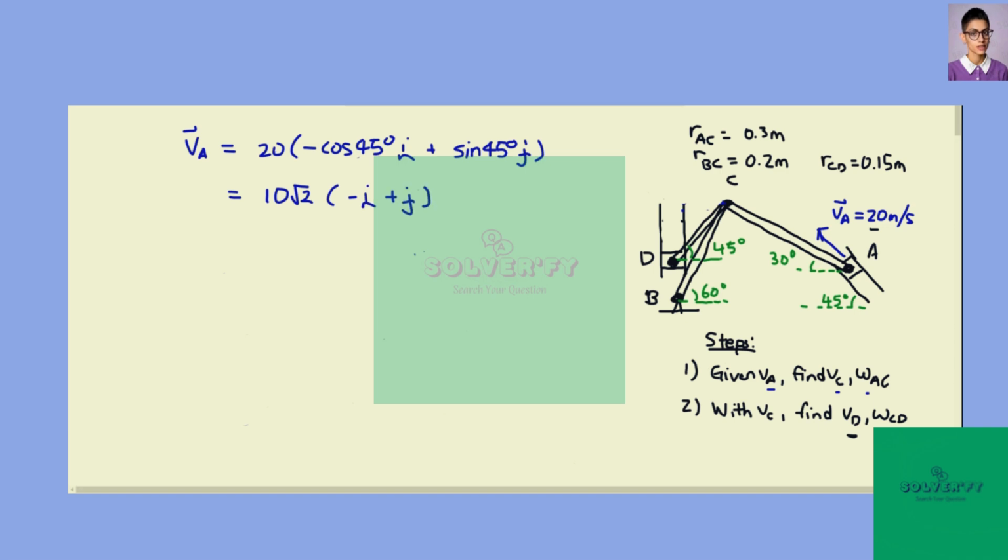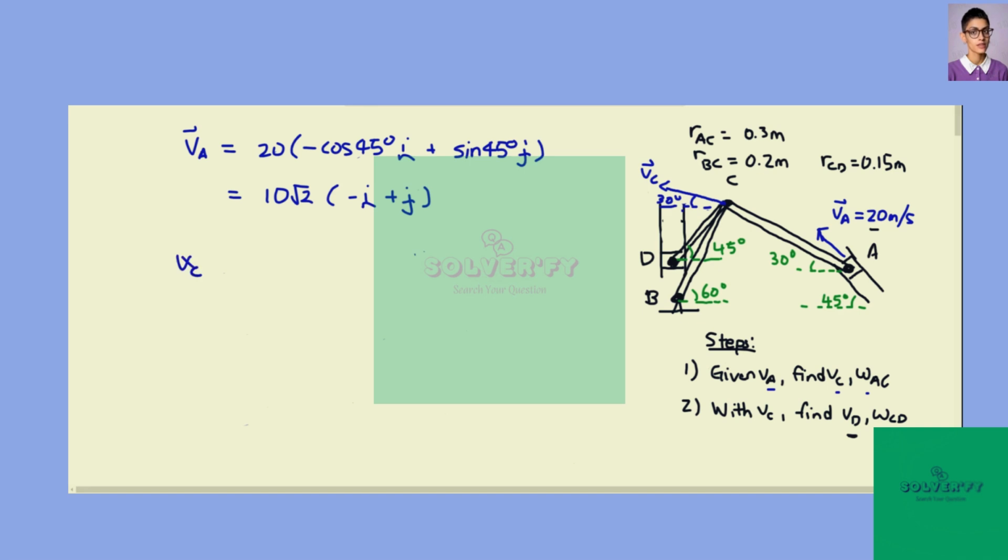Then because B is fixed, C is going to rotate, going to move at a direction that is perpendicular to BC. So this is going to be 30 degrees. This is VC, and the magnitude of VC will just be VC, because we just need VC to find VD.